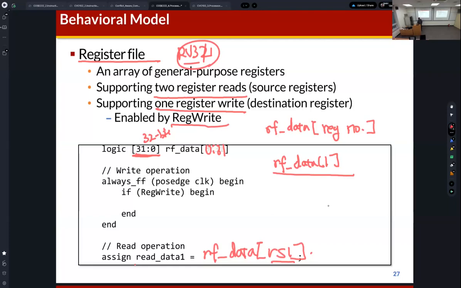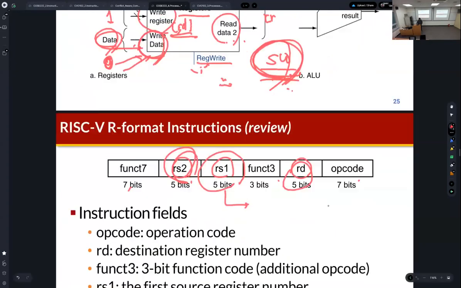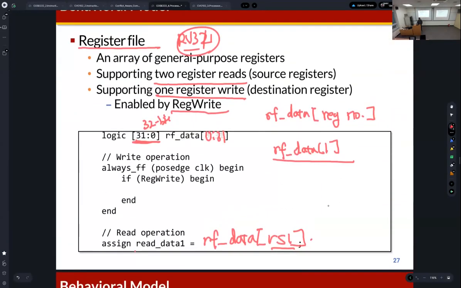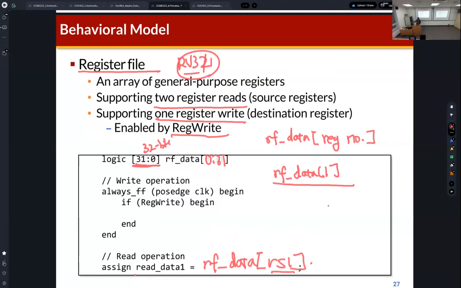Now how about the write? Actually in this figure we cannot observe any clock signal, but we need to use the clock signal in order to implement the register file in the single cycle processor. This update is done at the rising edge of the clock, and it is enabled by read write.